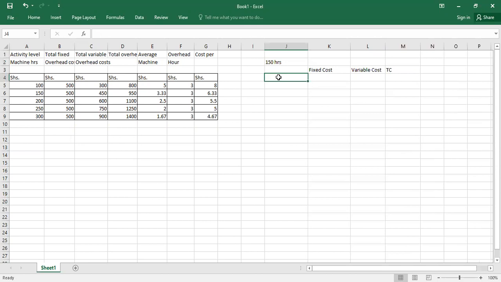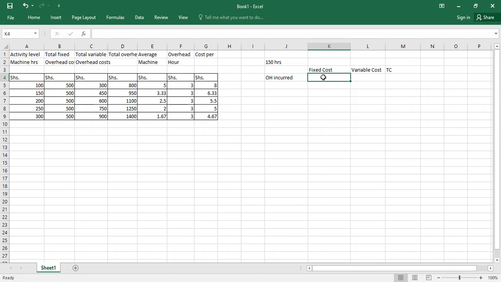Guys, you are the people who are on the question. Is that what you've been asked? So we look at the overhead incurred. Going forward, I'll be using OH for overhead. We look at the overhead incurred for 150. Our fixed cost is 500 shillings.